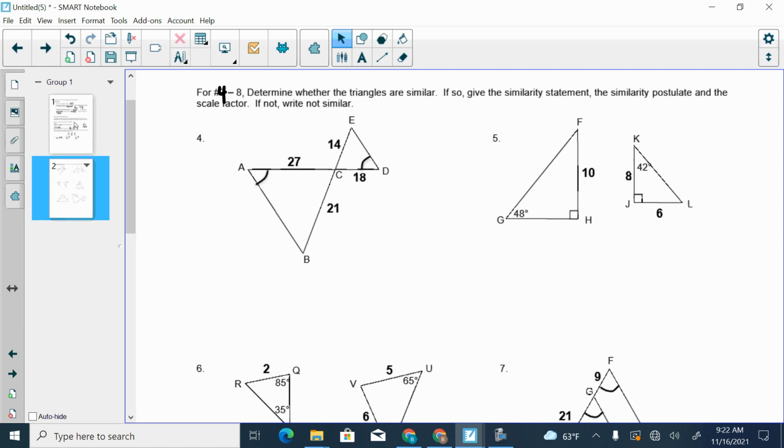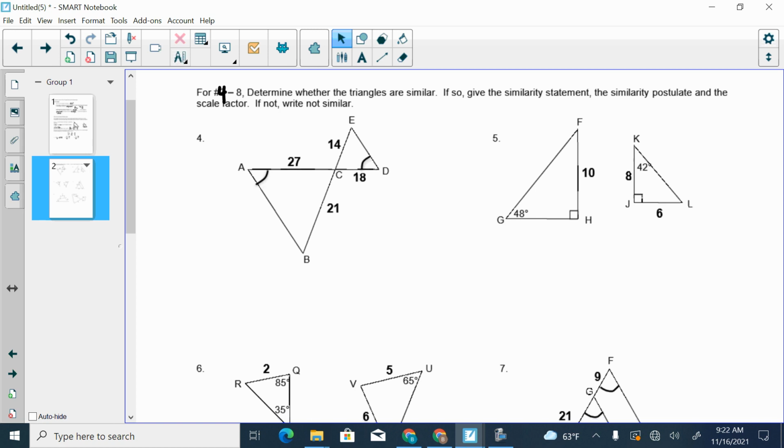Okay, so we've got that we have to prove that these are similar by finding their similarity ratio. So if we think that the two are similar, we could set up something from triangle ABC to match our triangle DEC over here, and we would just make a ratio using corresponding sides.